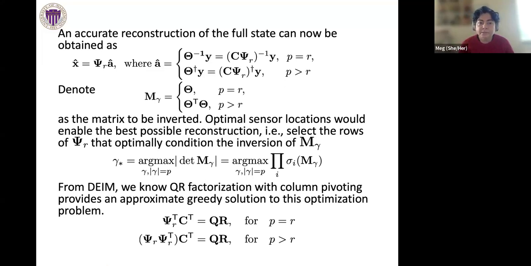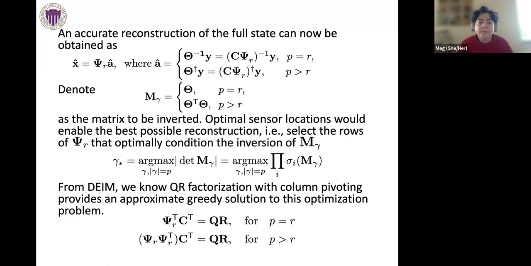So I have to invert this matrix. The optimal sensor locations enable the best possible reconstruction, that is, select the rows of Phi r that optimally condition the inverse. And QR factorization with column pivoting provides an approximate greedy solution to this optimization problem.